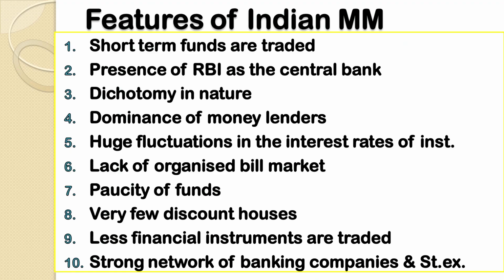Now, the next point, one of the most important features, is that there are very few discount houses. The size of the Indian money market is huge, but if we see the number of discount houses, there are very few in our country. To mention a discount house, there is only one, DFHI, the Discount and Finance House of India, which was established in the year 1988.